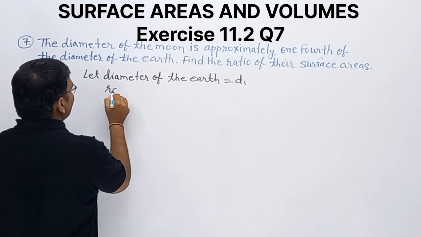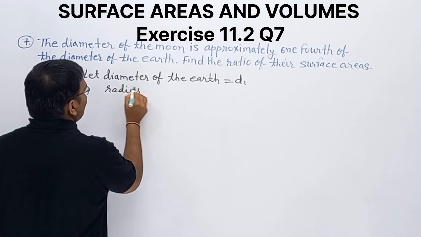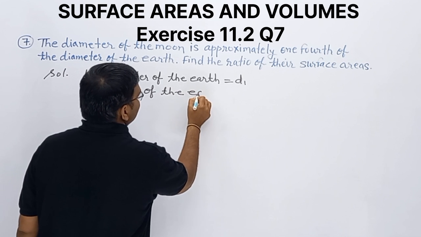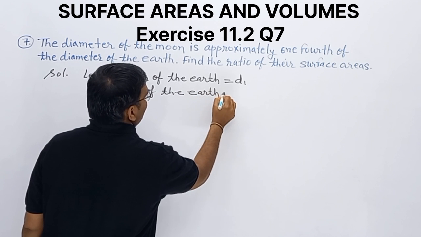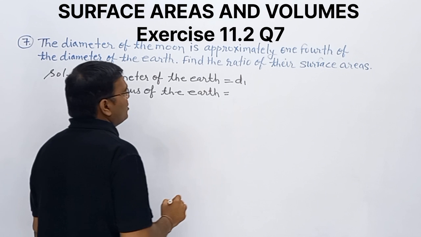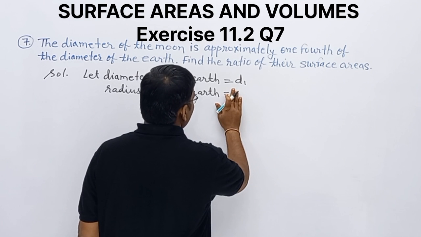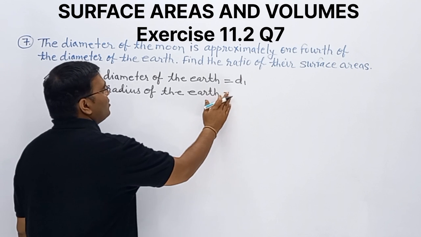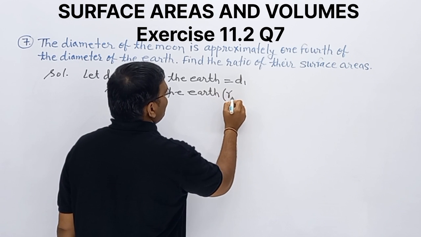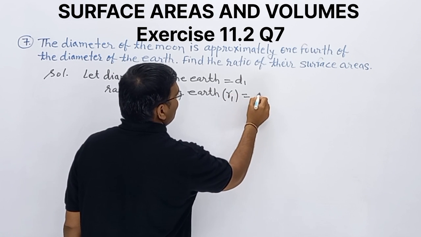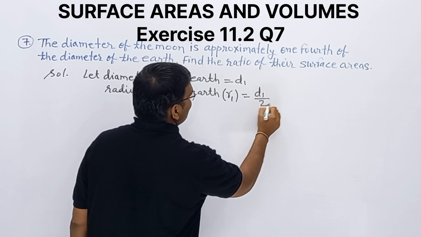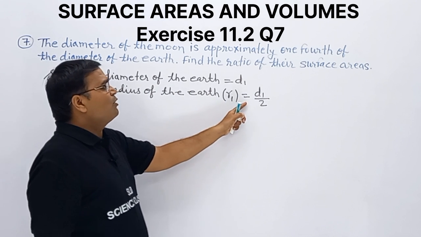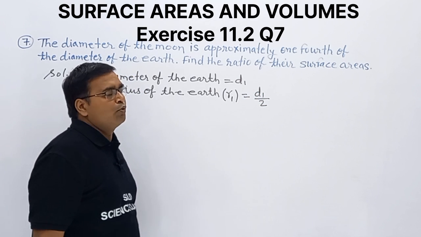So the radius of the earth, the radius will be half of the diameter. So the radius of the earth, I am assuming this one is r1, equals d1 by 2. Clear?